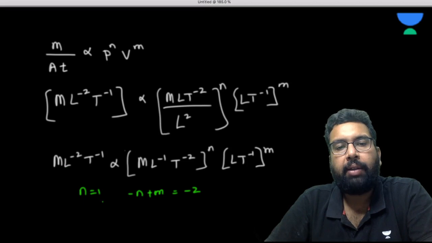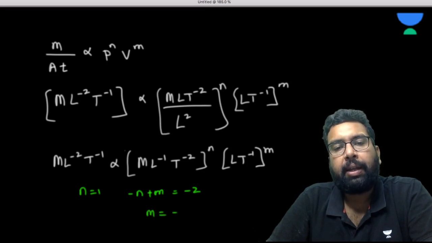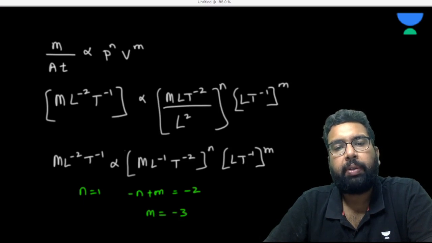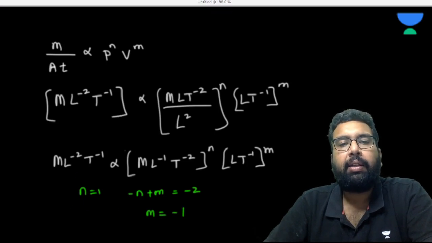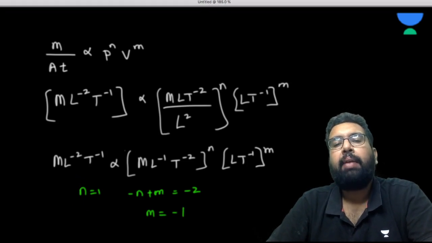So from here n is equal to 1. If I put n equal to 1, m is equal to, sorry, minus 1. So now n is equal to 1 and m is minus 1.